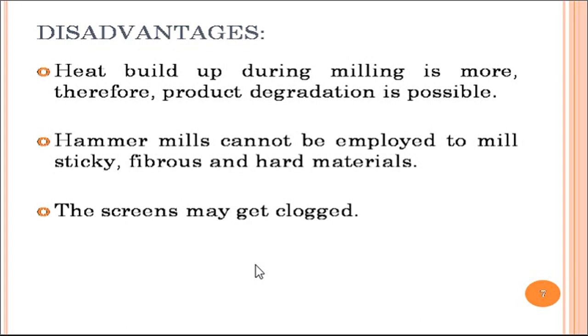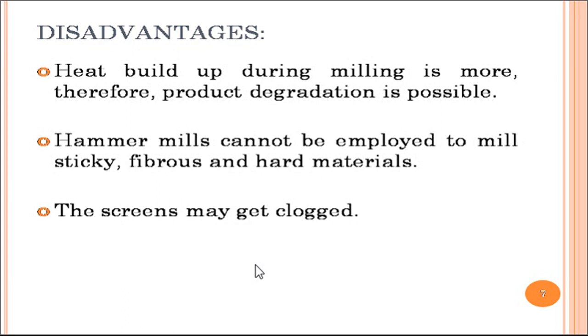When we talk about the application of the hammer mill in the pharmaceutical field, it is widely used for crushing natural plant material, and it can also be used for bulk manufacturing or cake formation, where we go for filtration and cake forming.